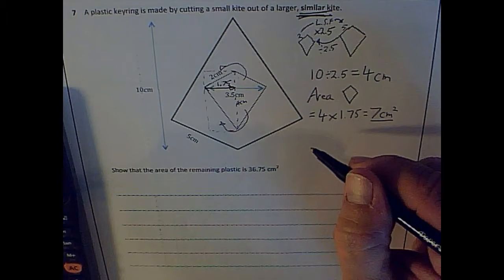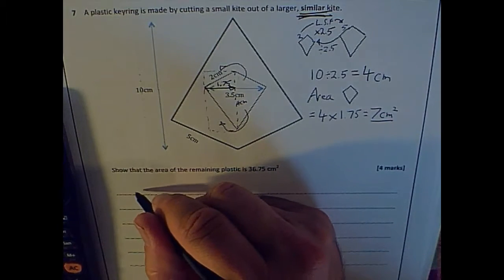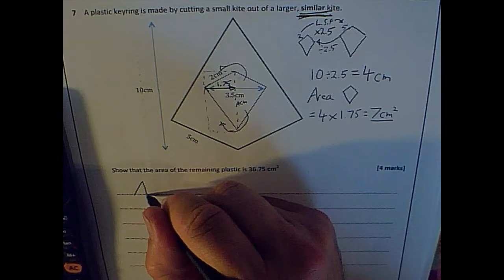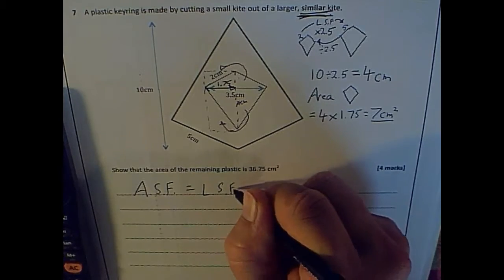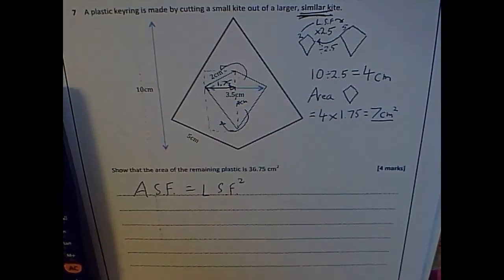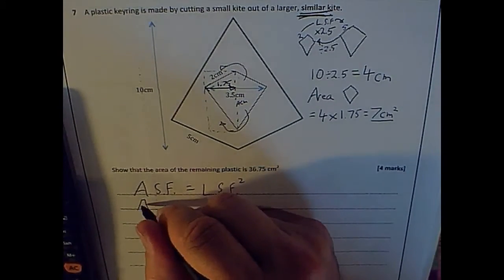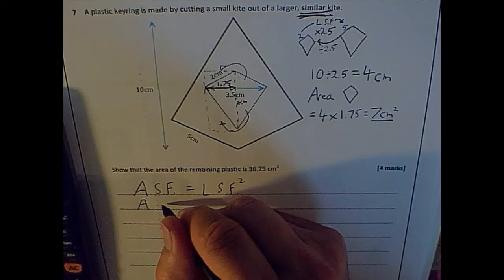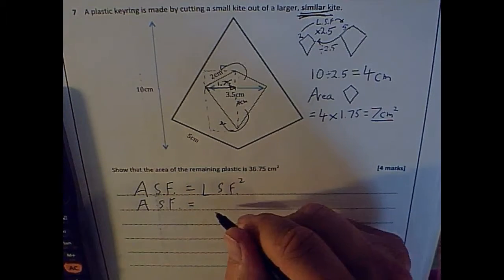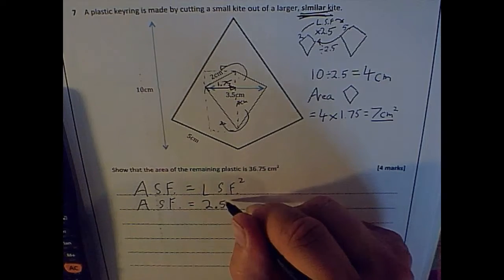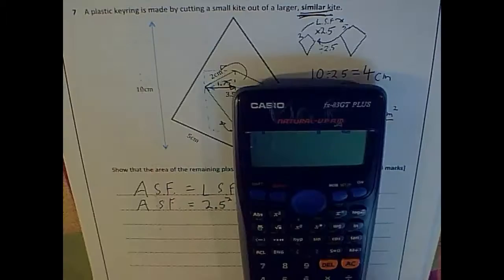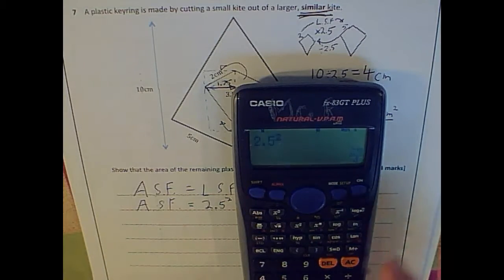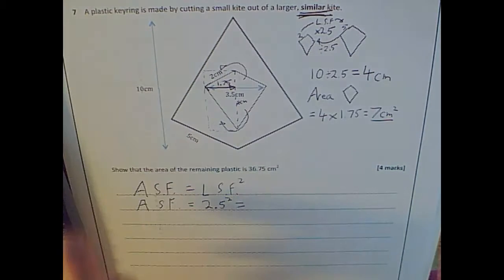My area scale factor equals my linear scale factor squared. So my area scale factor here equals my linear scale factor, 2.5, squared. So 2.5 squared is 6.25.